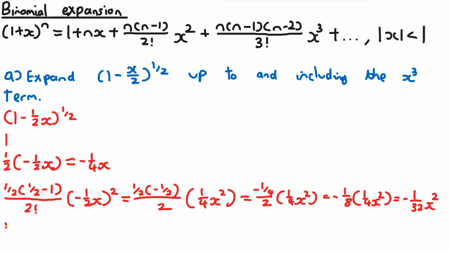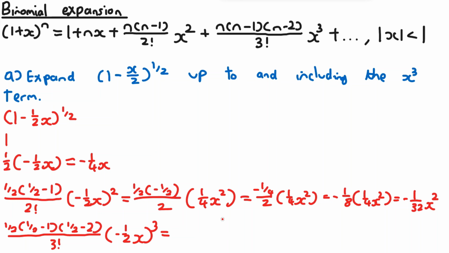Then the fourth term is going to be a half, a half minus 1, a half minus 2, over 3 factorial, and then minus a half x, cubed. I'm just going to put this into a calculator.